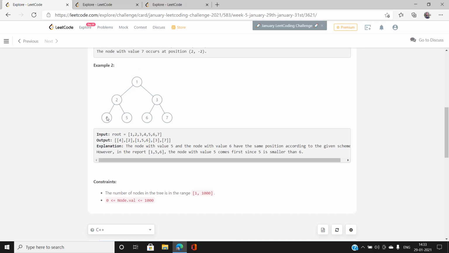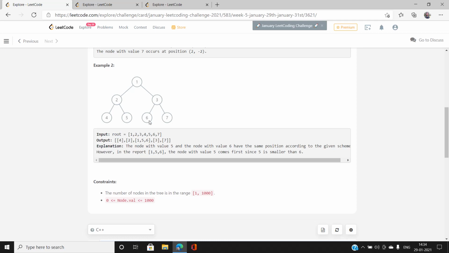We report our answer with increasing x coordinate, then with increasing y coordinate, which equals the depth, and if two nodes have the same coordinates, we report the node which has the minimum value. Here 5 and 6 both have the same coordinates, so we report 5 first and then 6.